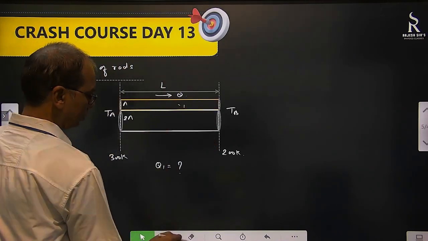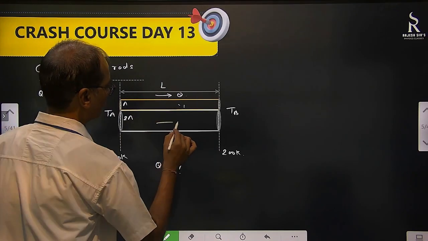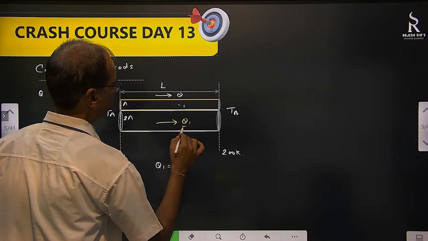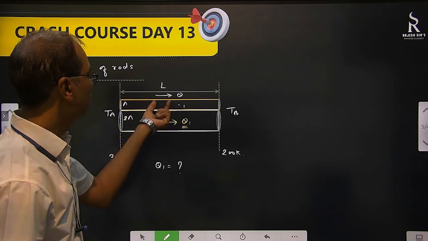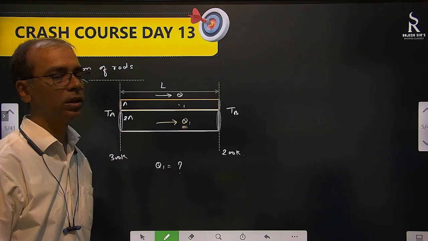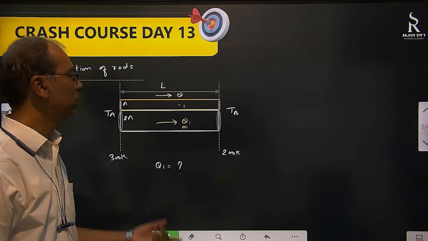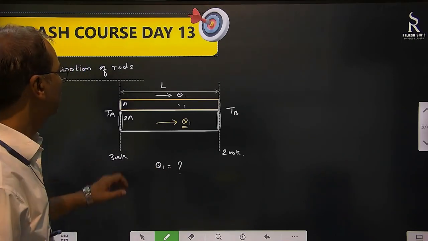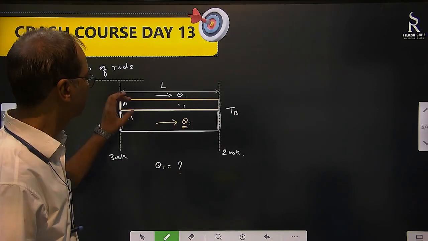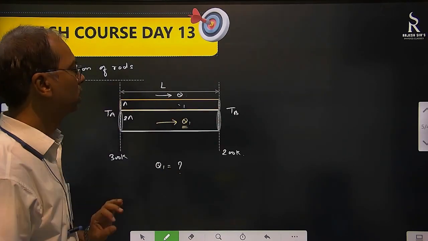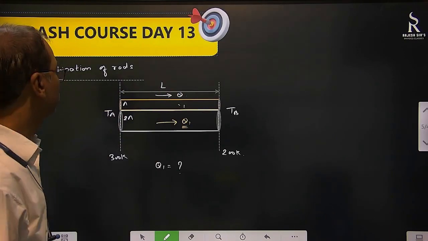This is Q, and this here is Q1. Through the upper one, the heat flow is Q, through the lower one heat is Q1. So what is Q1 he is asking? Simple question here. Here temperature is 300, here temperature is 200. So first we will write what is the Q value. After that only we are going to talk about Q1.